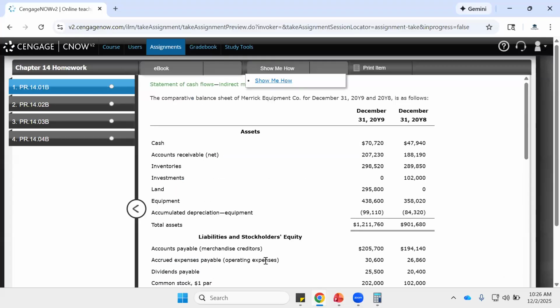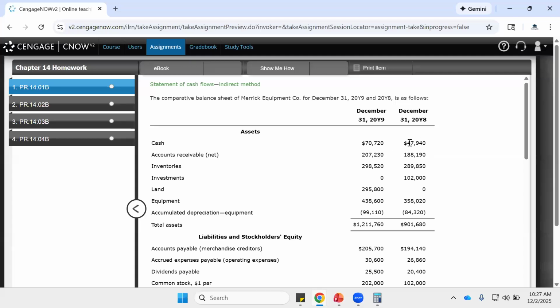This is a part of Chapter 14 homework for Cengage's financial accounting. And we are given this problem. We have a statement of cash flows under the indirect method. We have a balance sheet. The current year is 2019. December 2018 is the prior year.